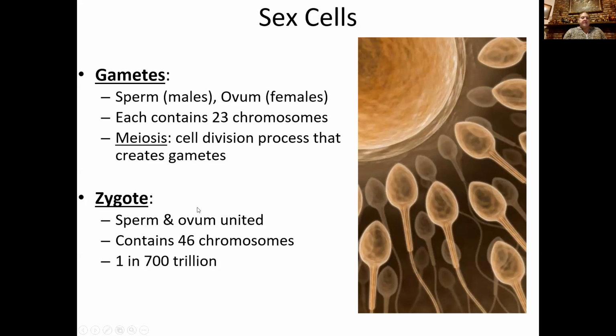So this little guy is going to carry his 23 chromosomes. This big cell already has 23 chromosomes. So when they pair up, we get our 46 chromosomes. And this is what you call a zygote. As soon as that sperm enters that cell, that is a zygote. When that genetic material bonds together, then we are looking at a zygote.